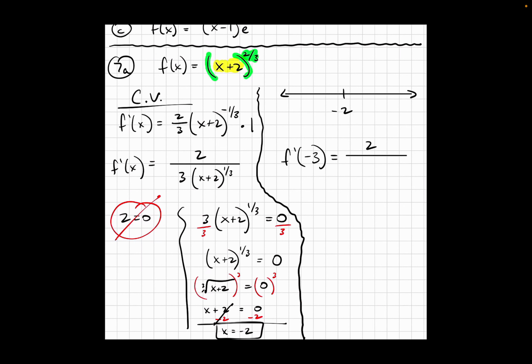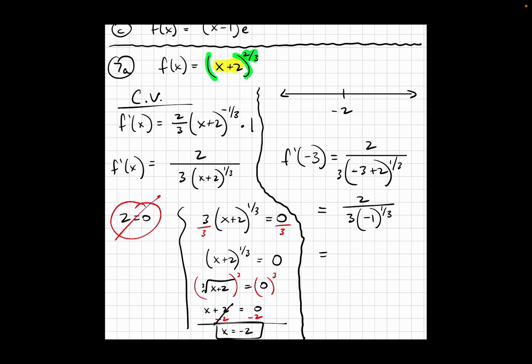So I plug in -3 to the bottom. Negative 3 plus 2, to the 1/3. So 2 over 3, negative 1 to the 1/3 power. What is negative 1 to the 1/3 power? Negative 1.